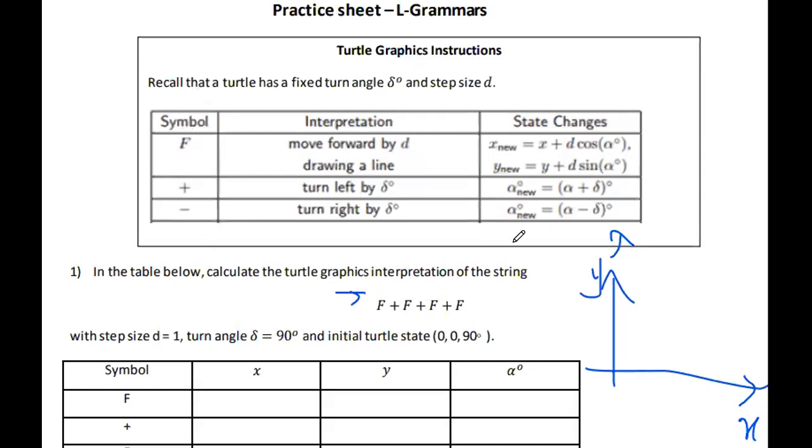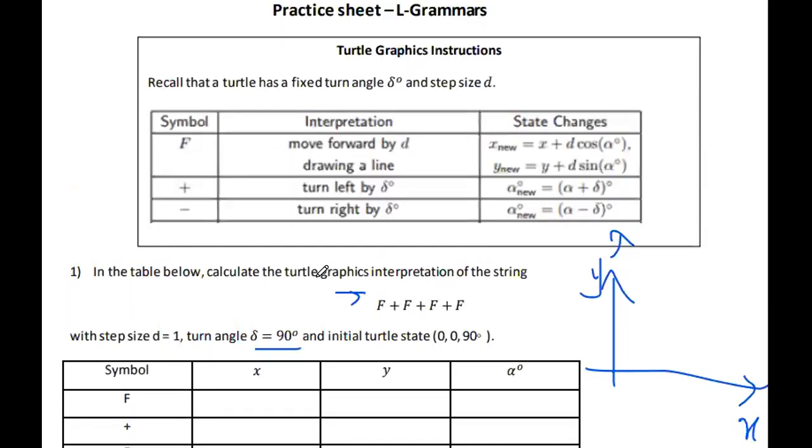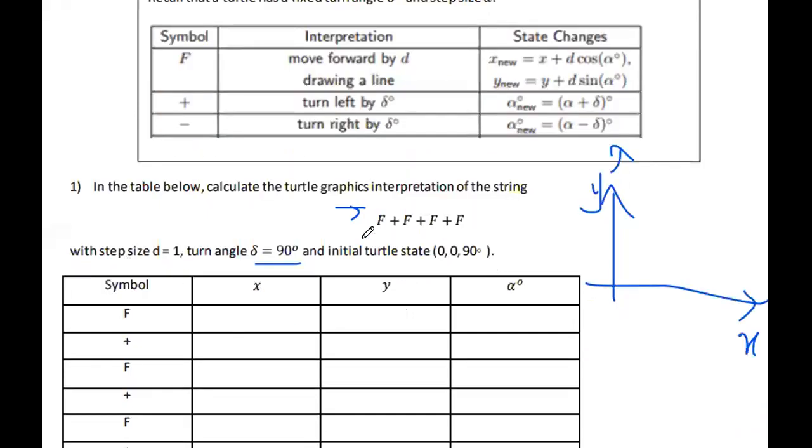F means move forward, or draw forward, by D units. Plus means turn left by the given angle, 90 degrees, and minus means turn right by 90 degrees.